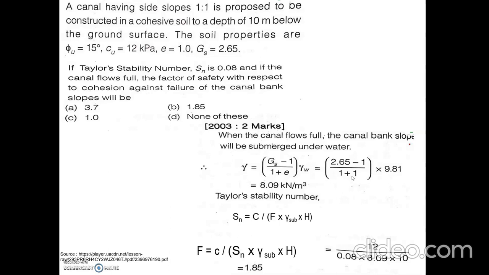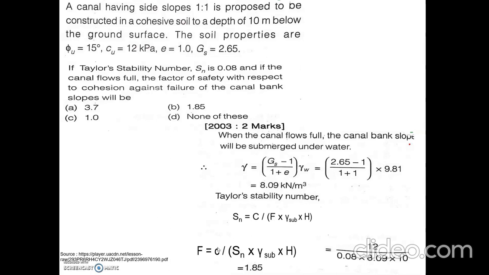So here directly we can find out gamma submerged using this equation. So we will substitute value of G as 2.65 minus 1 divided by 1 plus e, where void ratio is equal to 1, which is given in the problem, and gamma w is 9.81. So with this we get gamma submerged as 8.09 kilonewton per cubic meter.